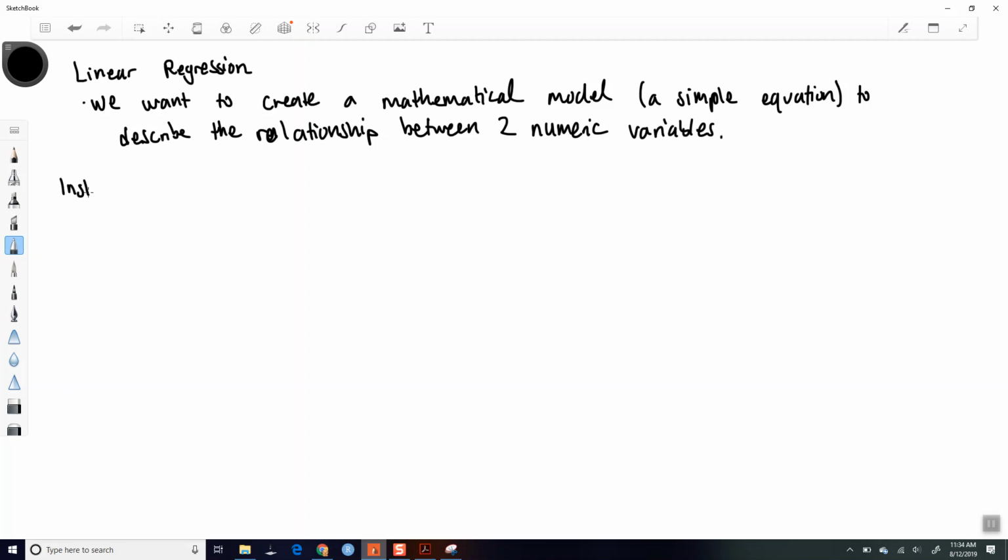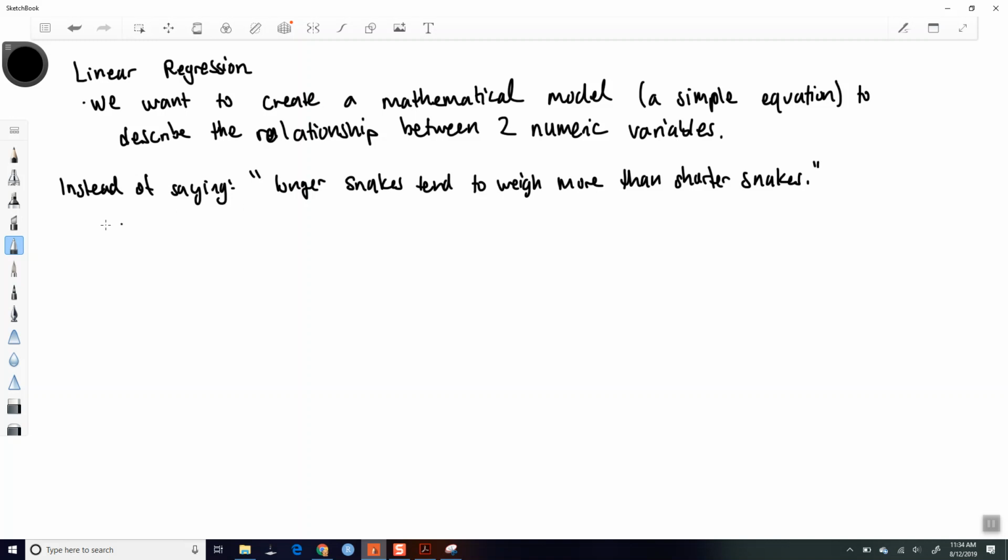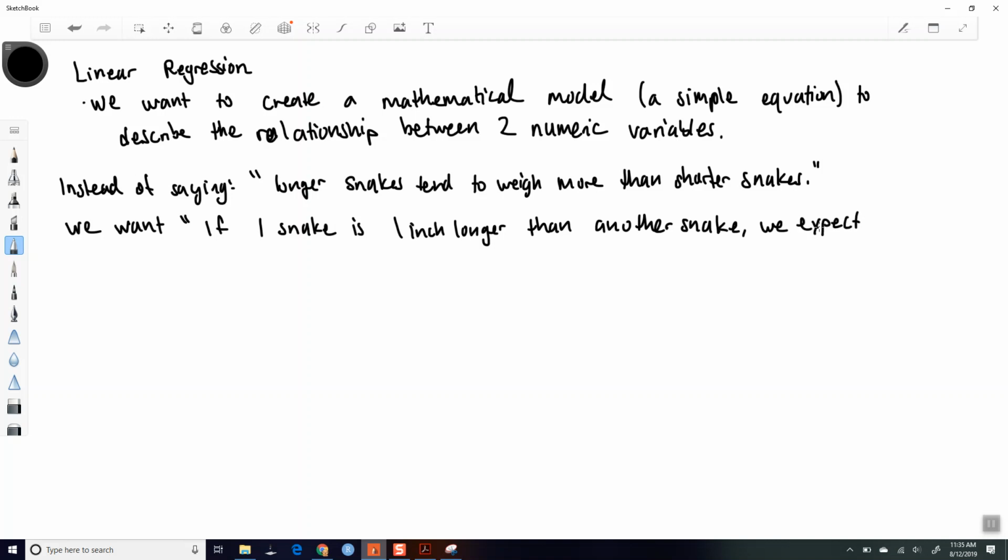Okay, so instead of saying longer snakes tend to weigh more than shorter snakes, we want to say, if one snake is 1 inch longer than another snake, we expect, on average, that it will weigh 0.8 ounces more than the other snake.